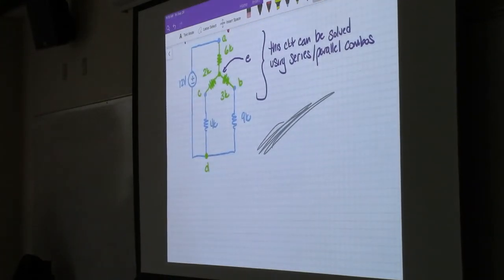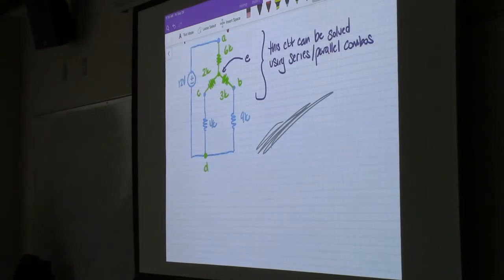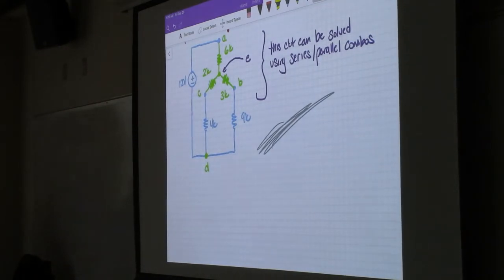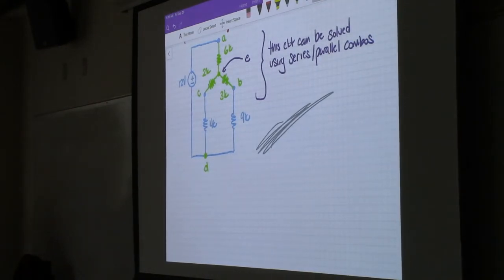All right, so what's left is to do the parallel and series combos and solve.